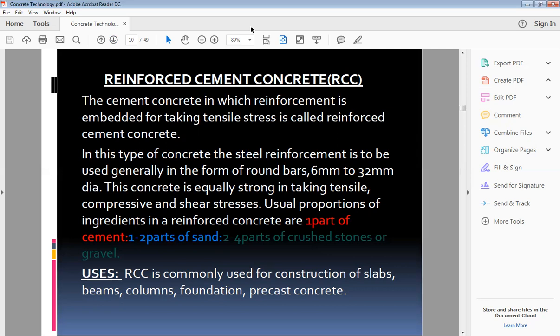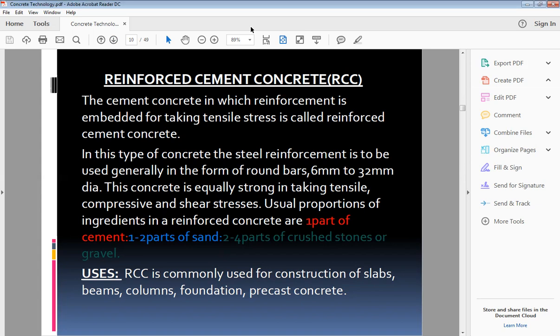Basically, there are two things: first is compressive strength, and second is tensile strength. Whenever a structural member is subjected to any loading, it acts against two forces, compressive and tensile. Concrete is strong in compression but weak in tension, so it will fail in tension.